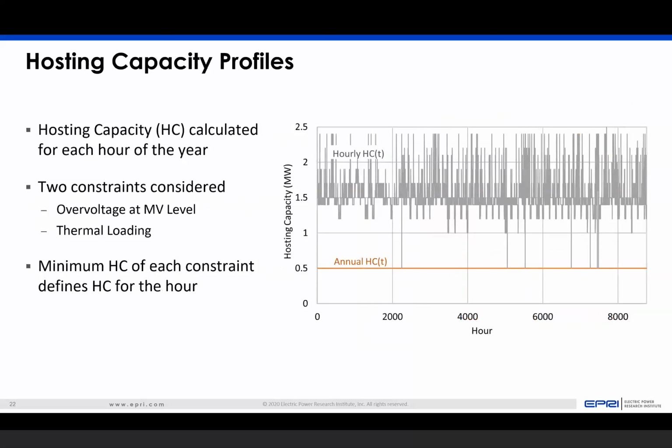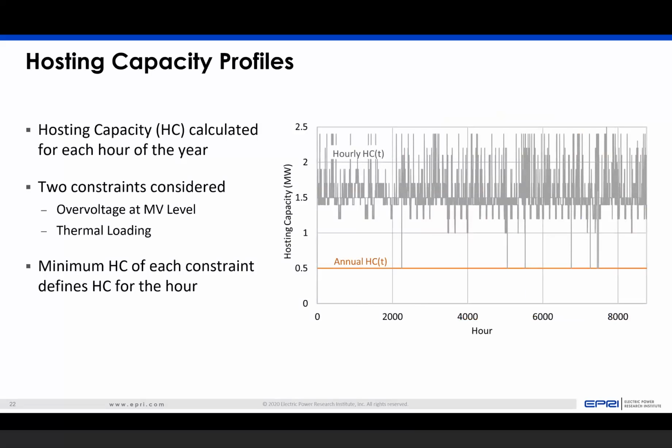So as Kelsey was sharing earlier about dynamic hosting capacity, part of our process here was to actually calculate the hosting capacity over the course of a year at every node in each of those feeders. We were looking at overvoltage on the medium voltage system and then thermal loading. We did not consider protection-related issues.